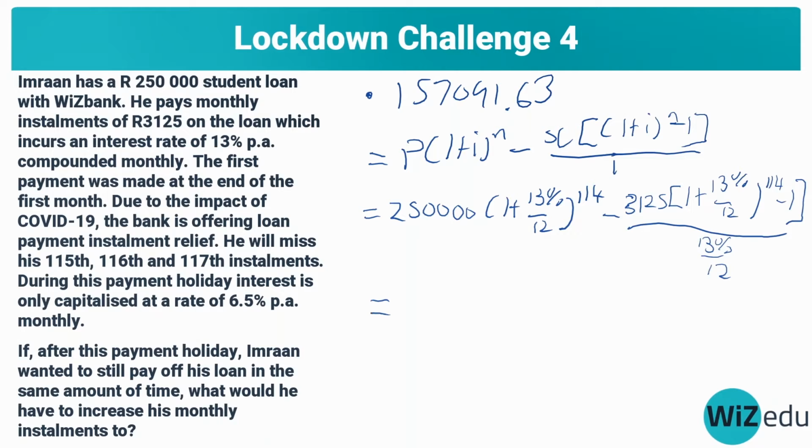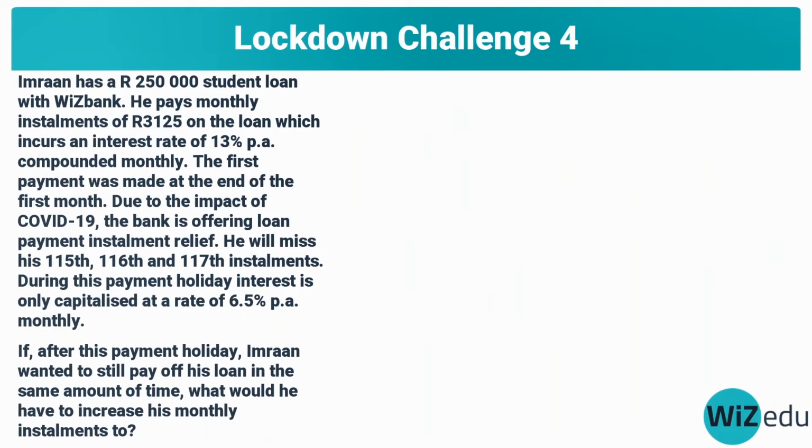And you can punch this in your calculator and you'll get exactly the same answer we got earlier. So you can see there are two methods to arrive at the outstanding balance of the loan. And this is something you should try to remember, especially if you want to check your answers in an exam. So our answer here was 157,091.63.